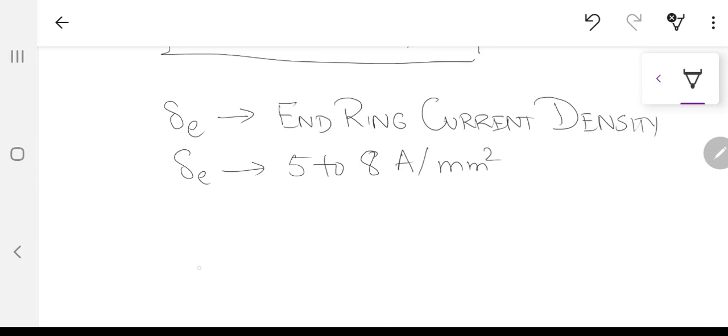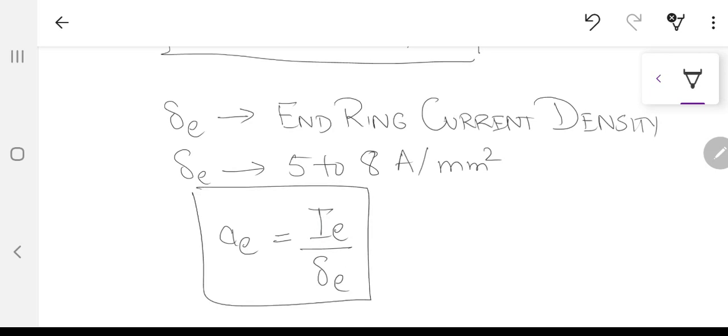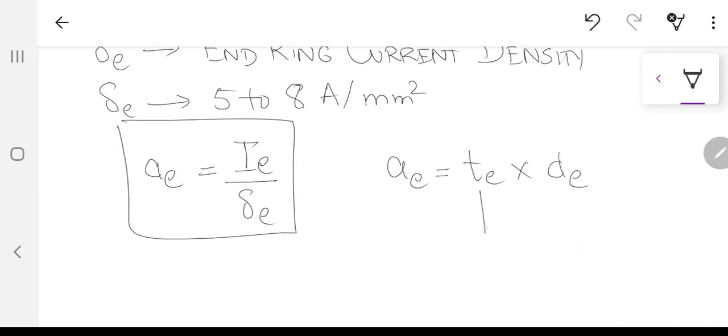And when you have selected your value of current density, you can find out AE, which is equal to IE divided by delta E. When you have found AE, from it you can easily find TE multiplied by TE. And what is TE in this case?